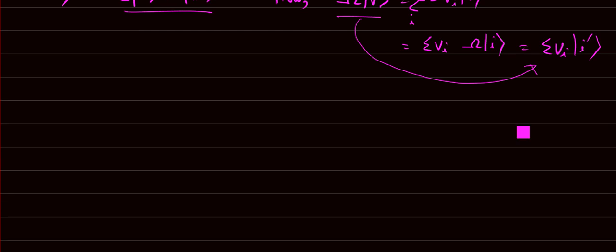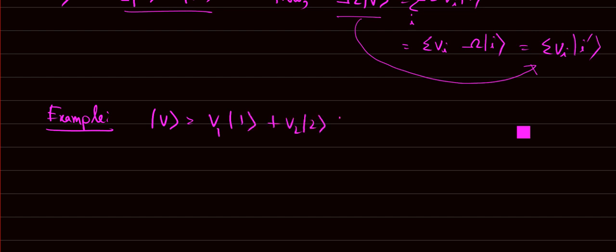Let's say, what will be an example of this? Let's say we have a vector in 3 dimensions represented by this.